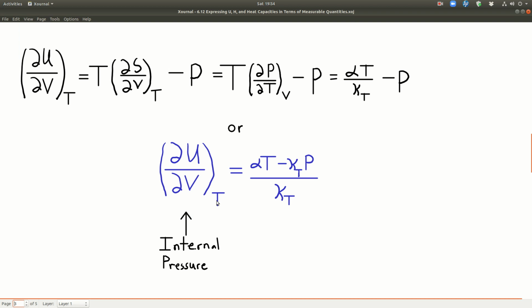Partial U partial V at constant T is equal to alpha times temperature minus kappa T times pressure, over kappa T.